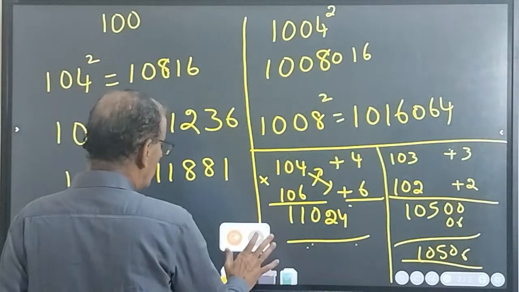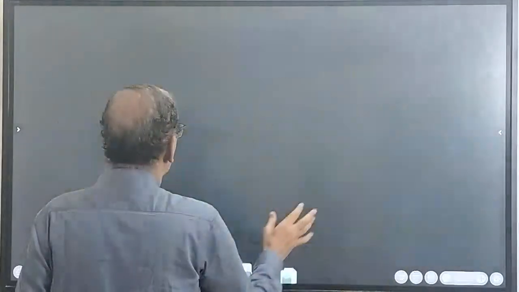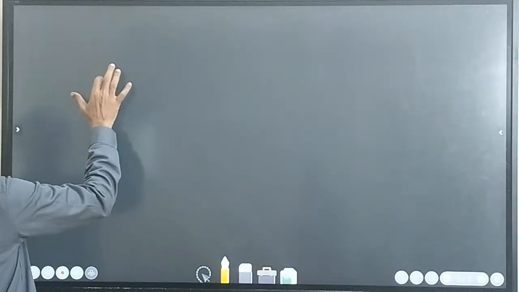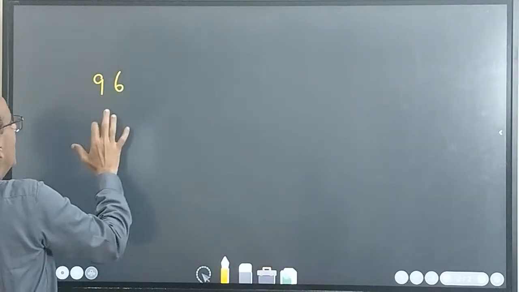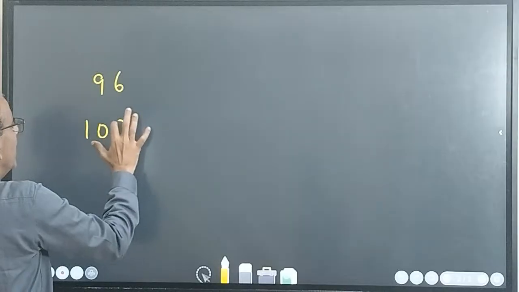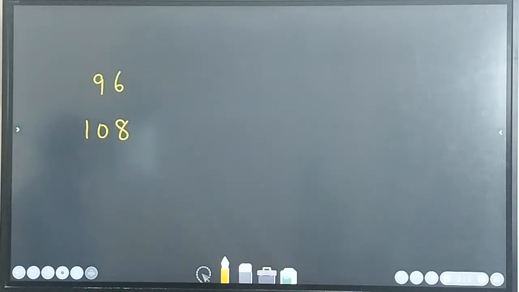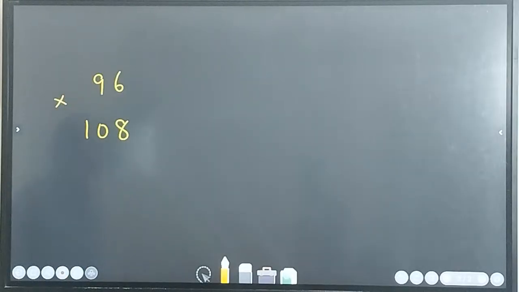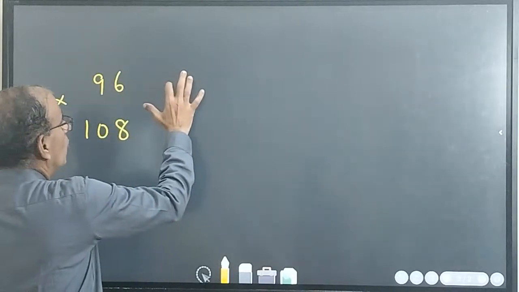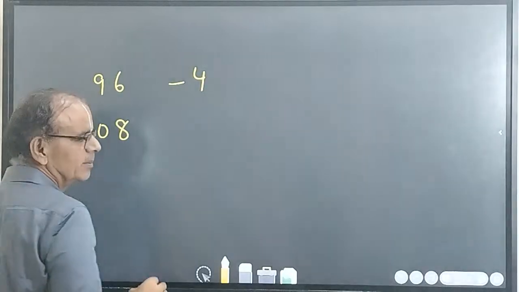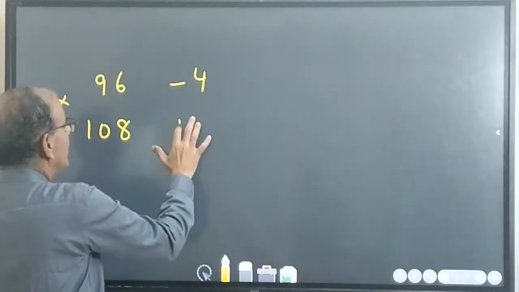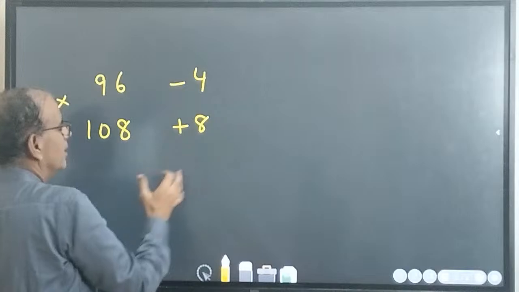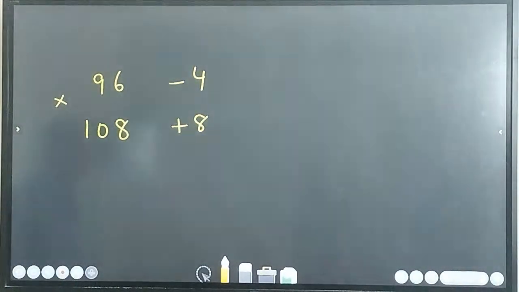Next, suppose the numbers are like this. I want to multiply 96 by 108. This is 4 less than 100. This is 8 more than 100. Anything we have to link to 100.